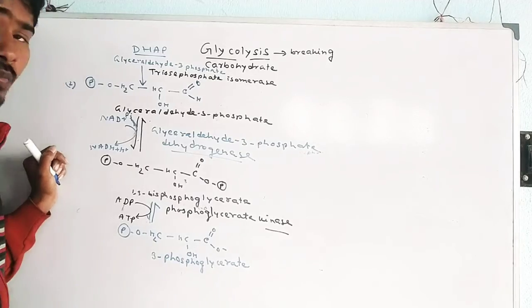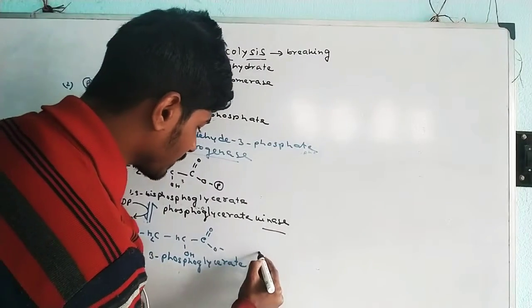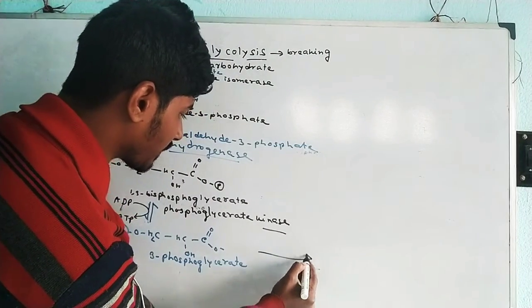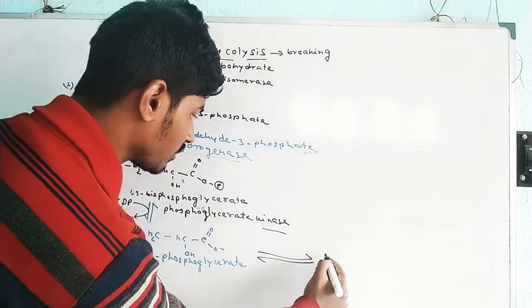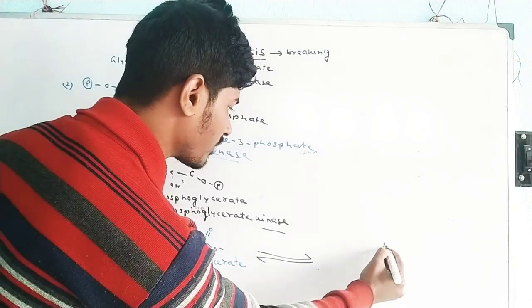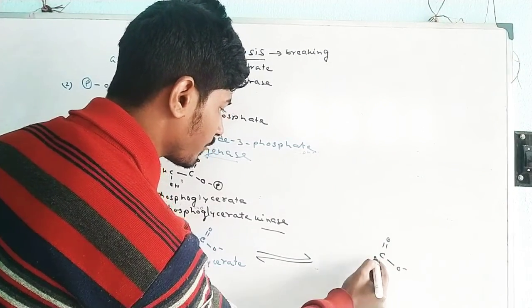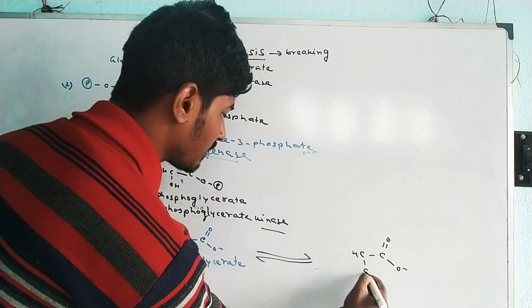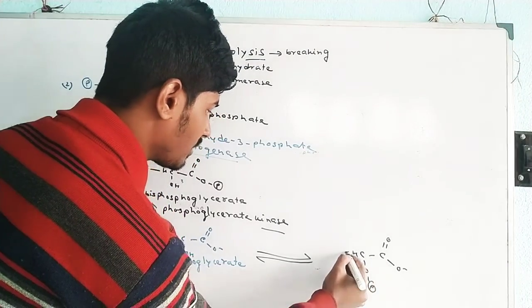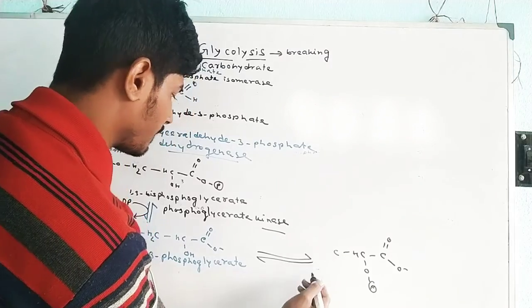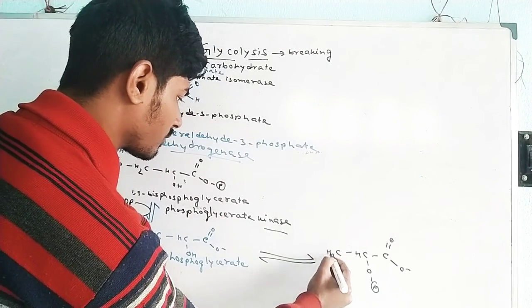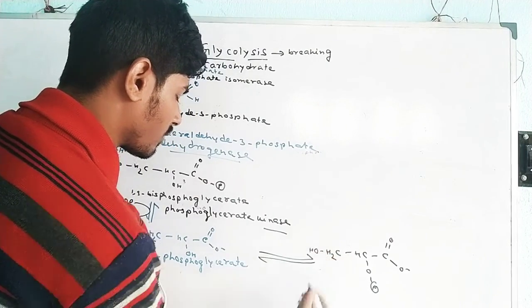After that, 3-phosphoglycerate is converted to 2-phosphoglycerate. So 2-phosphoglycerate means the phosphate group is coming to the second position, and the third position we have the OH group.